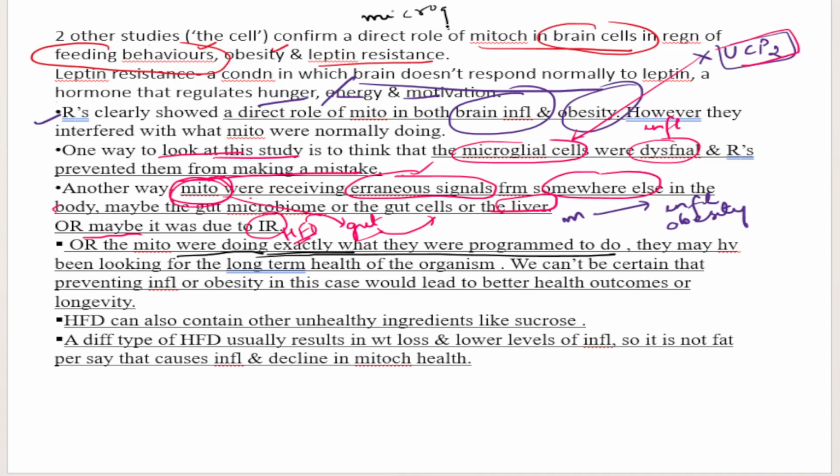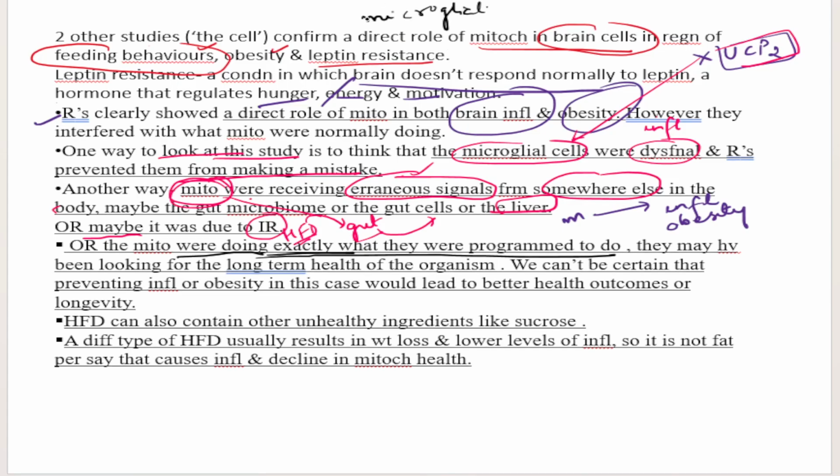And the microglial cells in turn caused inflammation in response to the high fat diet, and finally it led to obesity. So mitochondria were doing exactly what they were programmed to do.